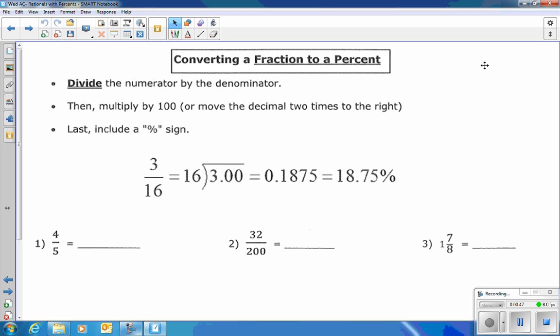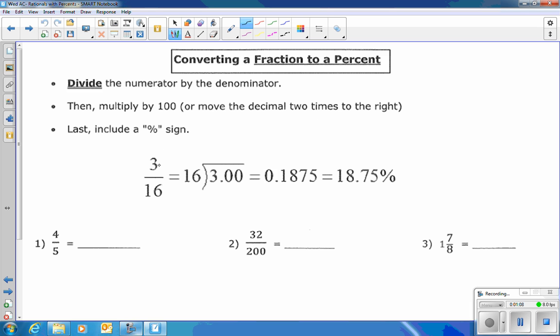So to convert a fraction to a percent, there's two different ways to look at it. The one that always works is to divide the numerator by the denominator. Basically, you're turning it into a decimal. And then you multiply it by 100, which means move it to the right twice, and include a percent sign.